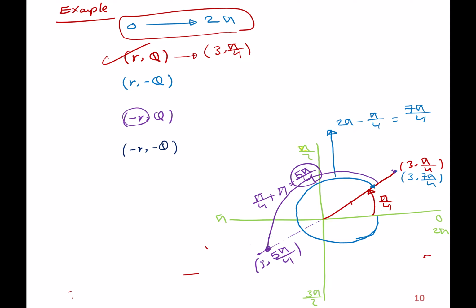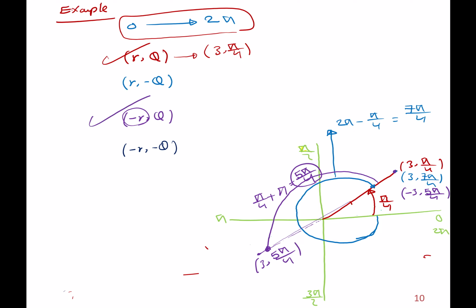So you will go to the opposite direction, and this will make r equal to minus 3. So here we will draw it minus 3 and 5 pi over 4, which is the third one.